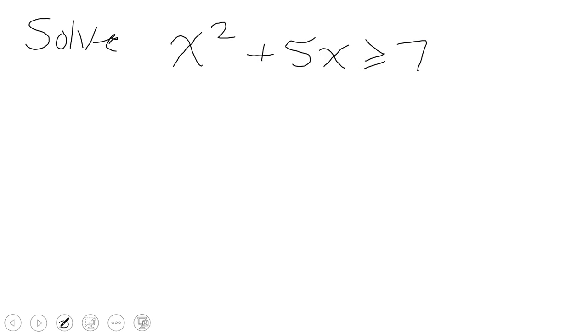Let me double check that that'll work before I start. Let me see. X squared plus 5x minus 7. Factor that. Okay, that's not factorable.